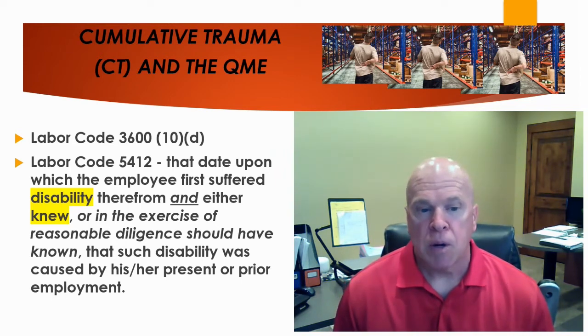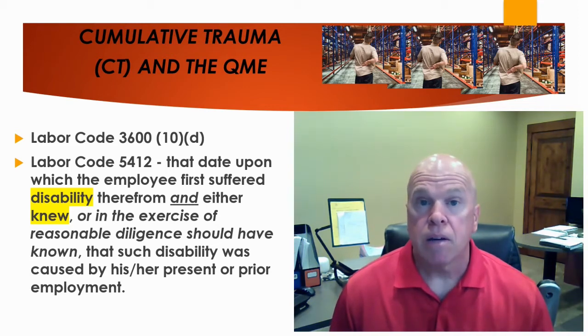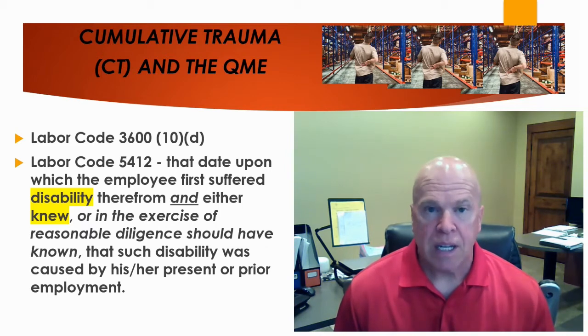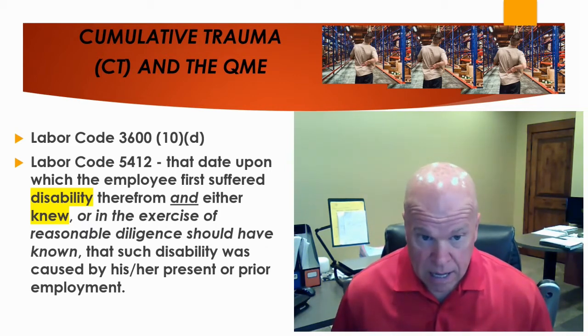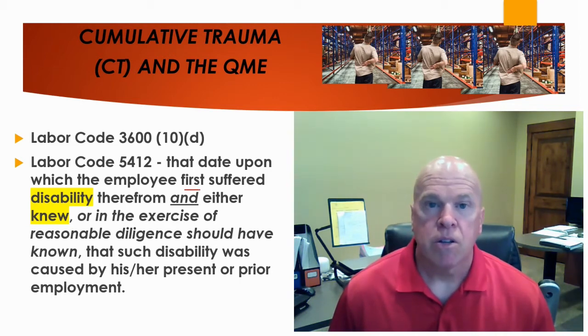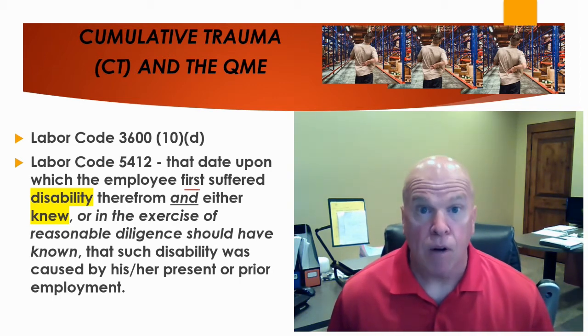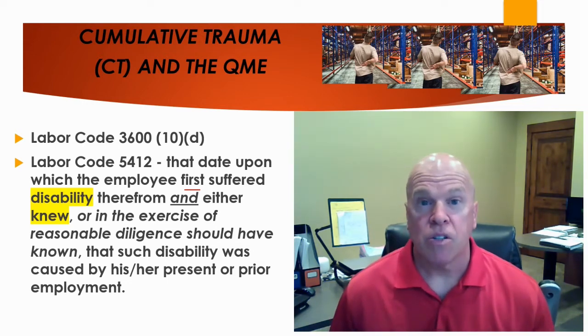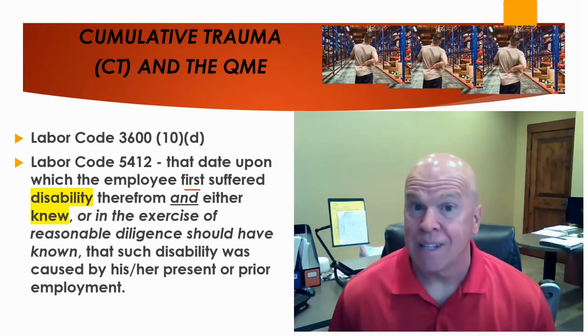So remember, Labor Code 5412 tells us that the date of injury, this is for cumulative trauma injuries, is that date upon which the employee first suffered disability therefrom, and, in other words, this doesn't say or, it says and.